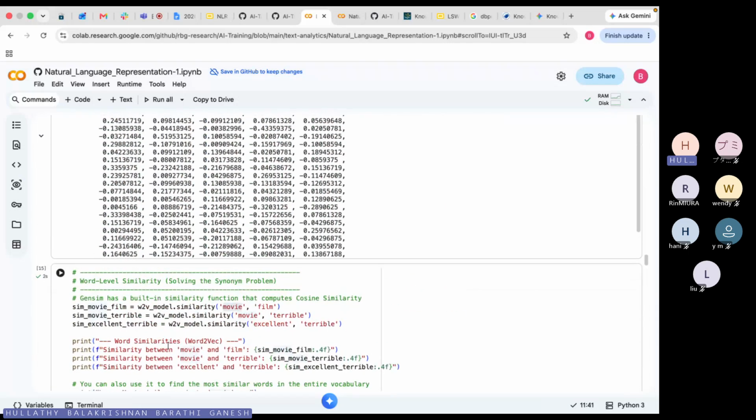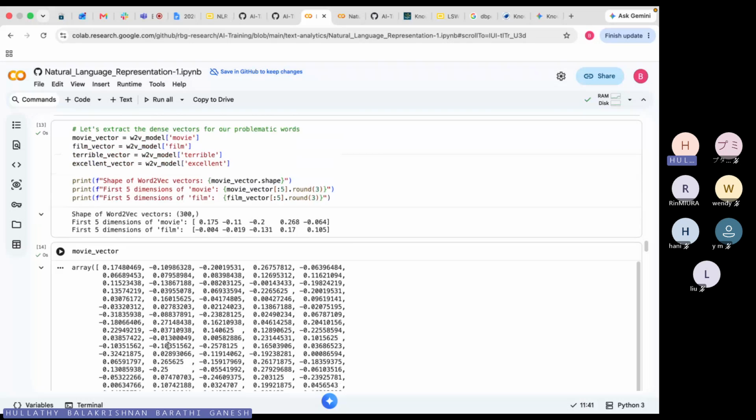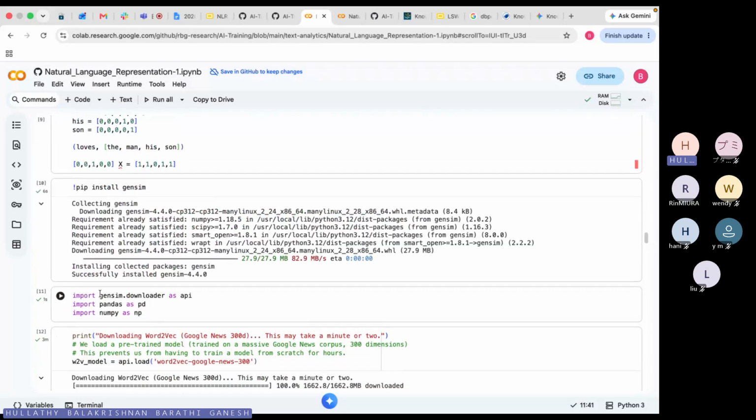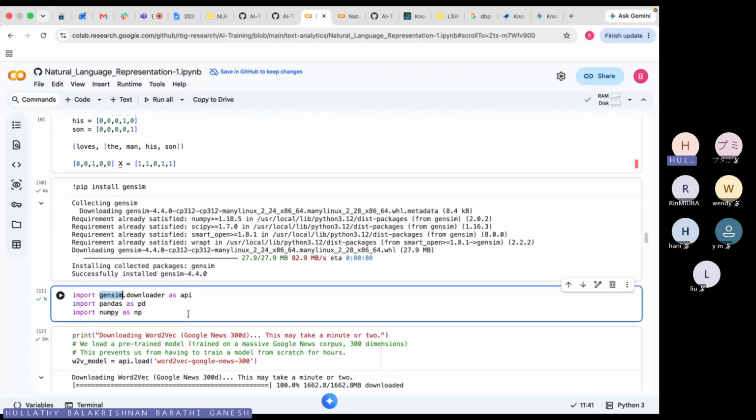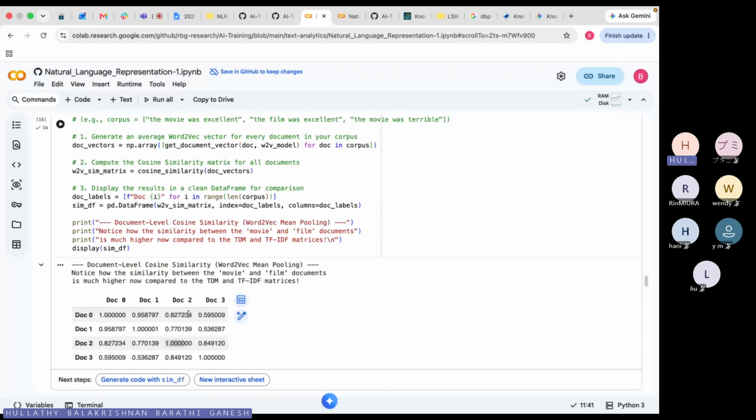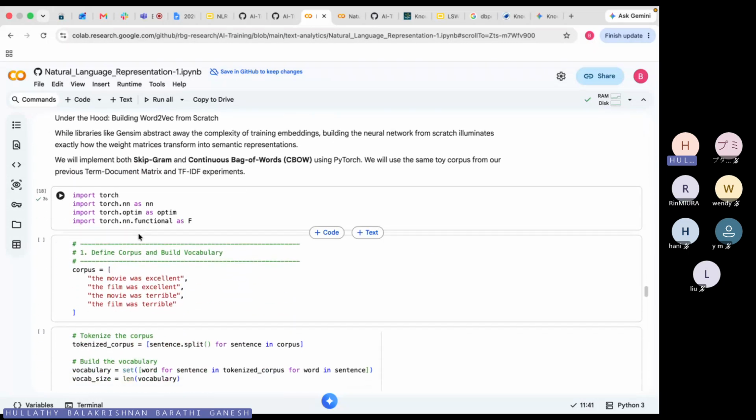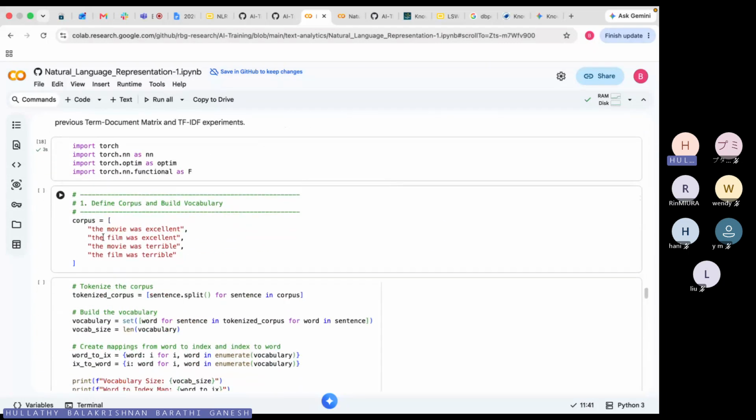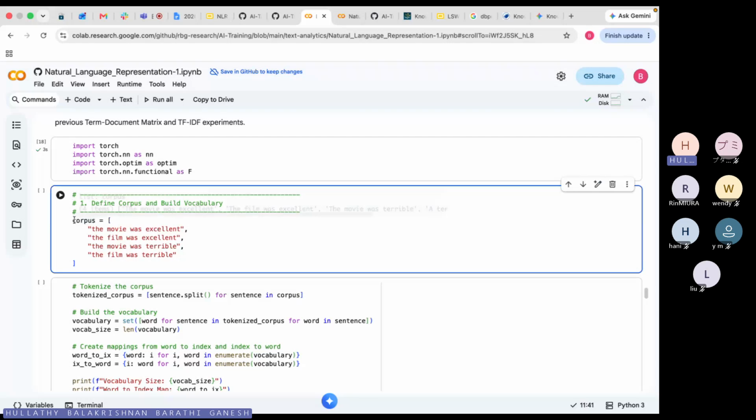Suppose you're using it for your research, you can directly use the Gensim library to do it. But just to give an explanation of how things work under the algorithm, I'm going to train the CBOW and the skip-gram models for our specific corpus, that is 4 sentences.